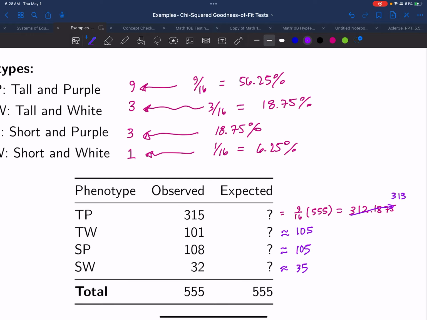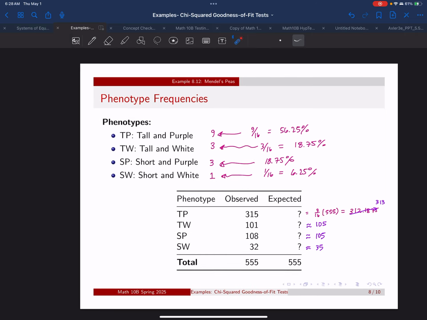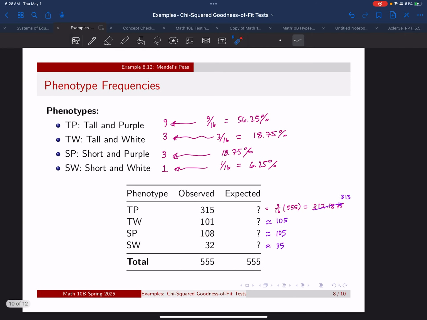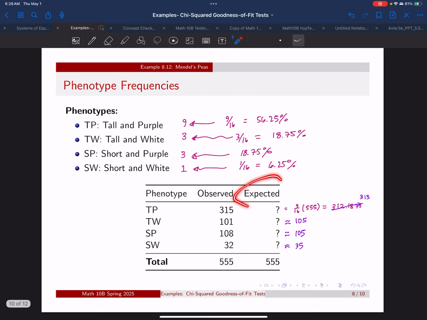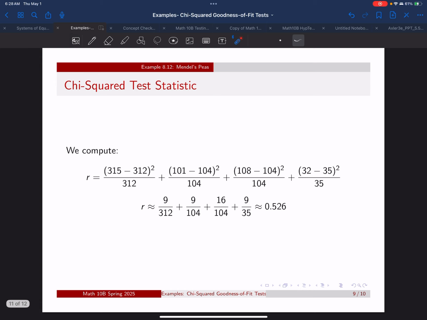Okay. So we have our expected values, and now we compute. Yeah, okay, so I did do the 104. So we'll do the 104. That should be 313. Okay.